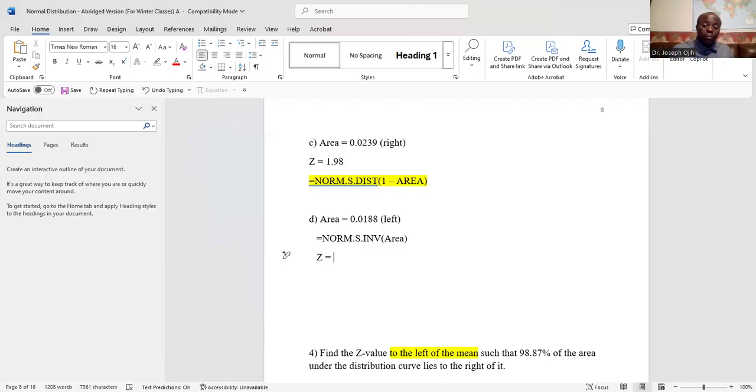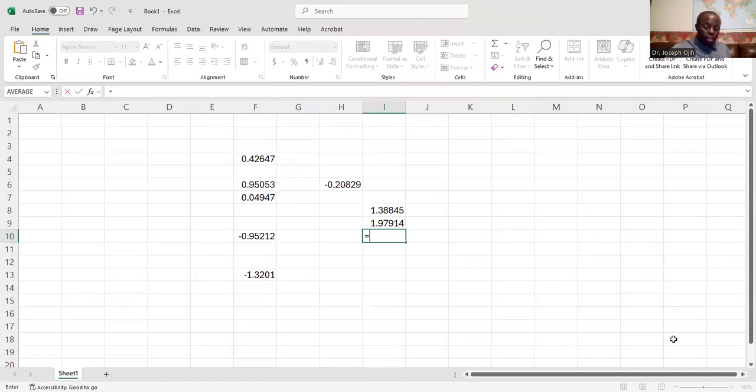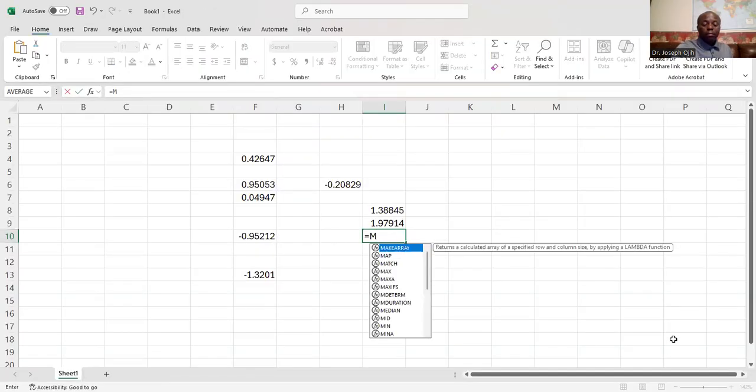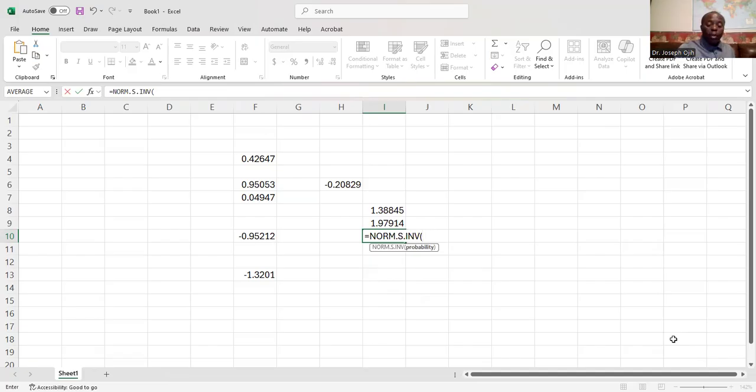Okay, then 0.0188. Okay. So let's go and put it in. Equals NORM.S.INV, 0.0188, close parenthesis and press the enter key.